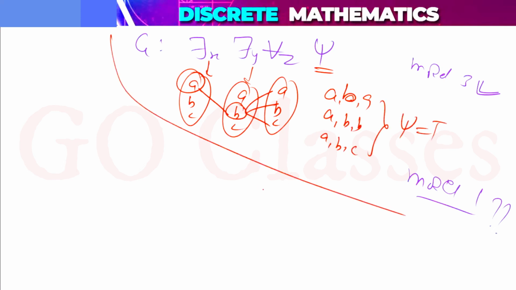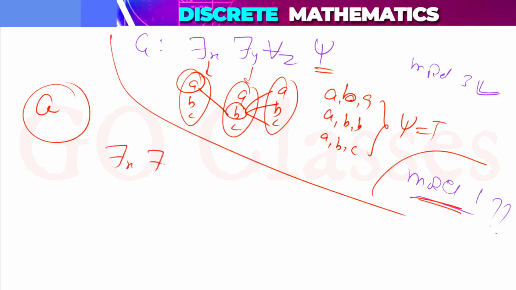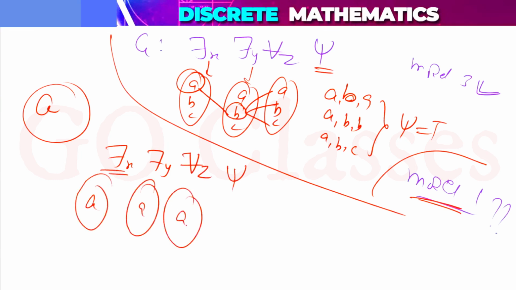Now you can see that this was the given thing. Can you guarantee that a model of size 1 will be there? No, we cannot guarantee, because if you take a single element, let's assume you take A, then you can clearly see that for this domain of size 1, there exists x, there exists y for all z psi will not become true. Why? Because you have A here, A here, A here.